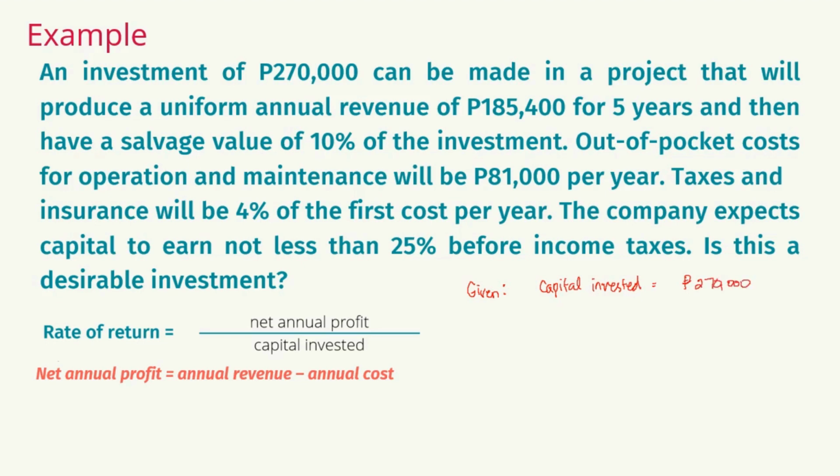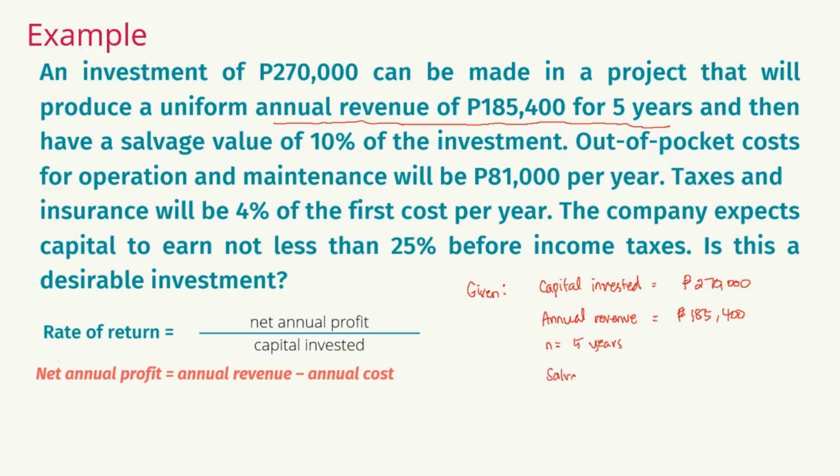Next is the annual revenue of 185,400 for 5 years. So, annual revenue 185,400 and our number of years is 5 years. Then, salvage value.